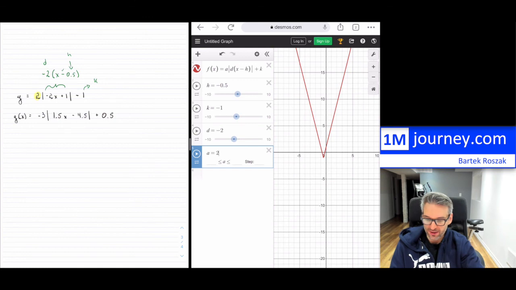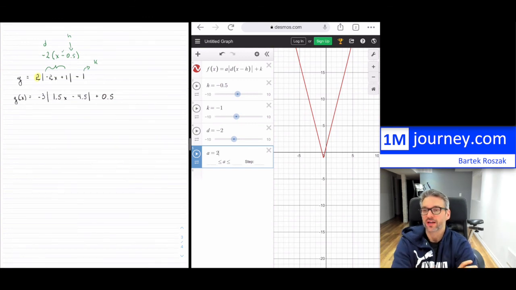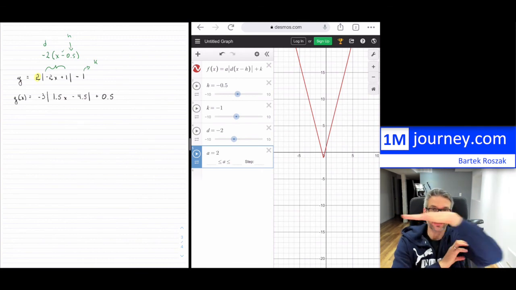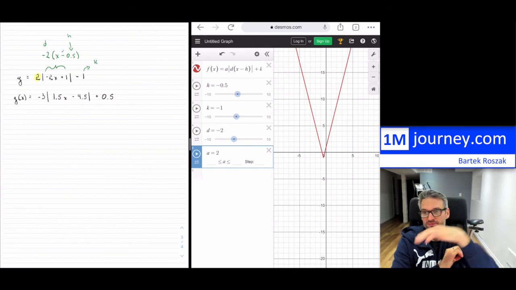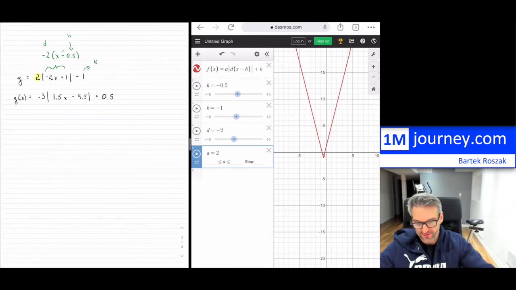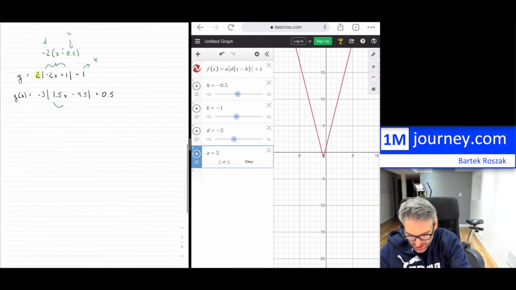Now, for the second one, notice we have -3 as my A. So that -3 is going to stretch it all out. That's what we would have there. But it will also reflect it in the X. All right, so that's what we would have. Now, this one, again, we have to watch out a little bit.